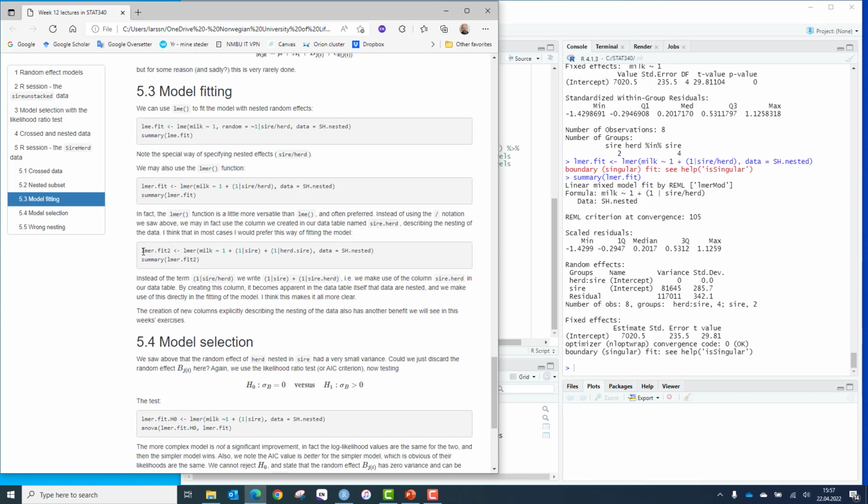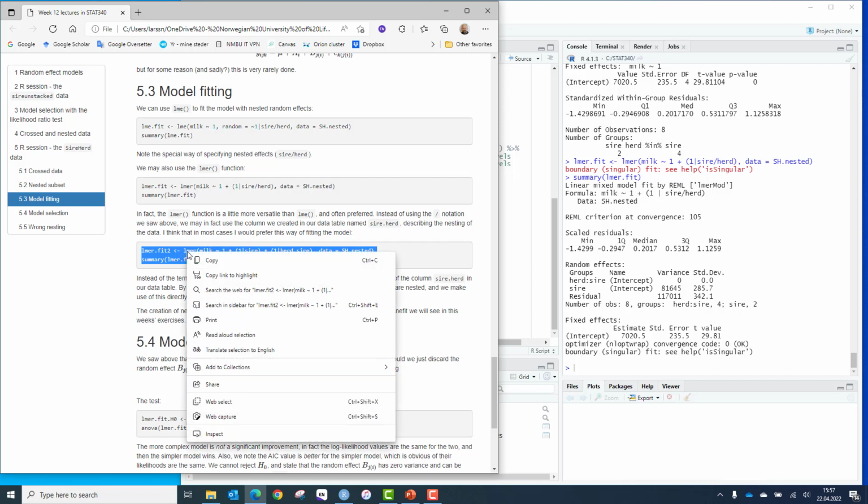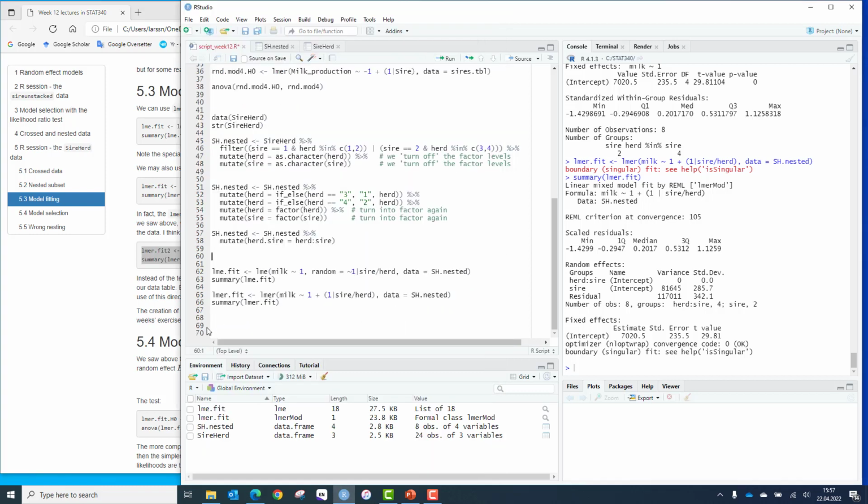Here is another way of fitting the last model, and this is important. Let me show you this. This is important, I think. As an alternative to using this notation here with the slash, I fit this lmer model in this way instead.